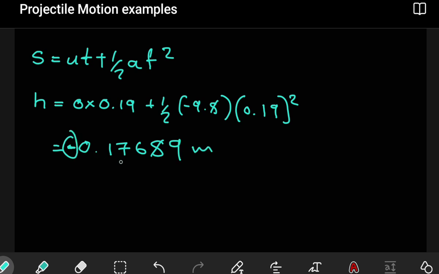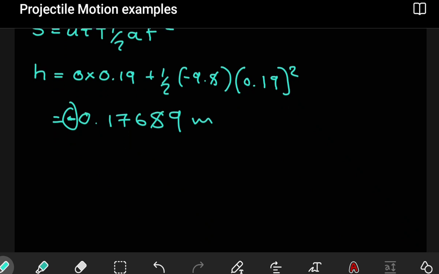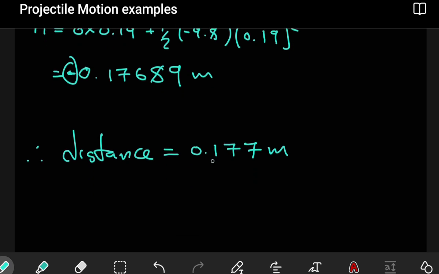The negative here just implies that it's a downward displacement, but since the question is just looking for the distance between the 2 points, we can just say therefore the distance will be equal to 0.177 meters, or we can give this in centimeters and say this is 17.7 centimeters below. So that's the distance between the 2 points P and Q.